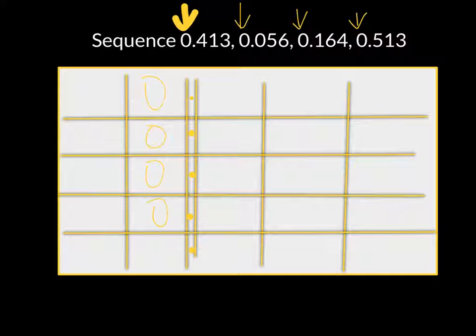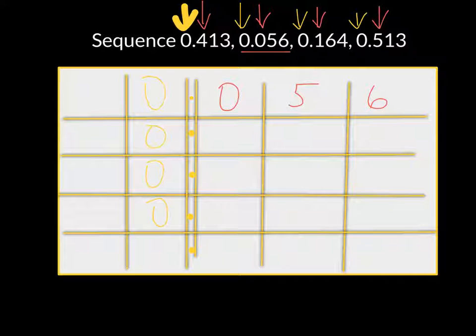Now I'm going to take a look at the tens place, and I have a 4, a 0, a 1, and a 5. Well, obviously 0 is the smallest, so I'm going to put the number with the 0 in the tens place at the top.